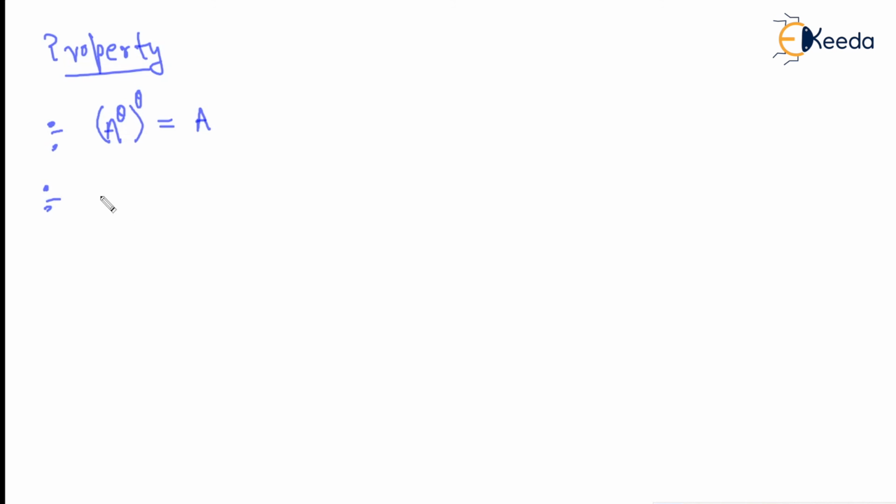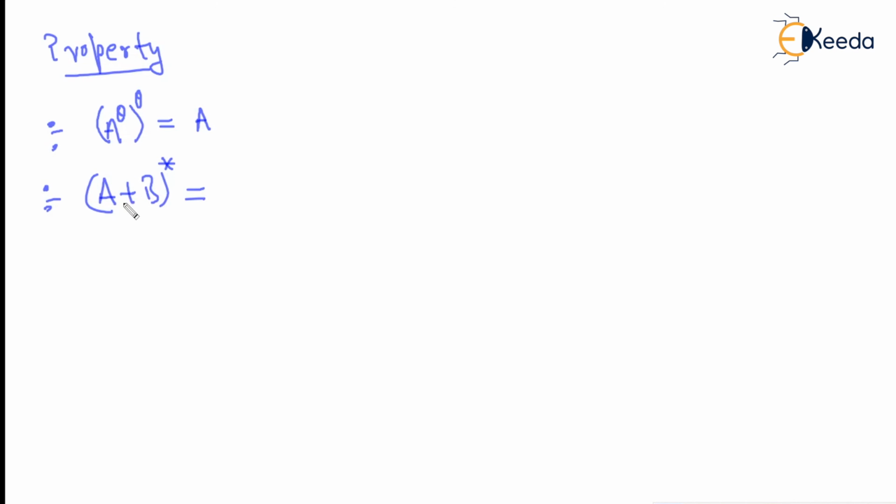Also, if you have to find the transpose conjugate of a sum, we have clearly said the transpose of a sum is the same as the sum of the transposes, and the conjugate of a sum is the same as the sum of the conjugates.